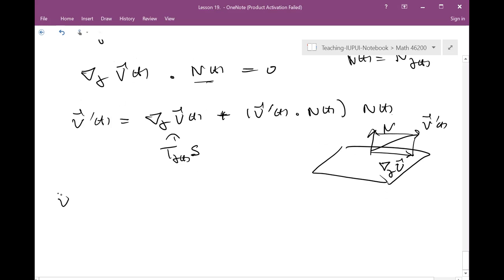Then we're trying to find out the formula for this.